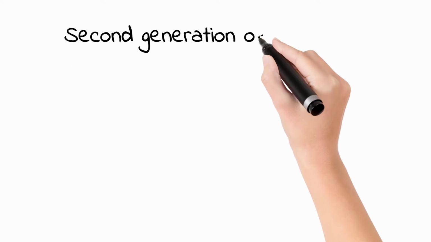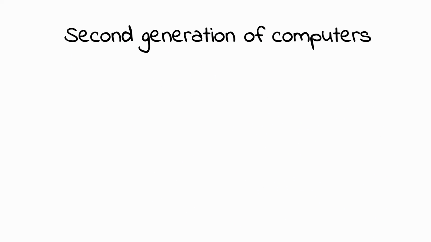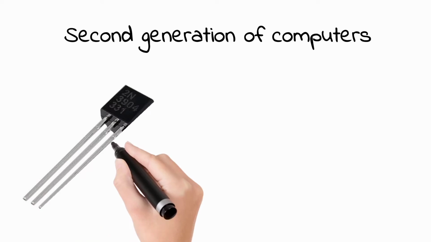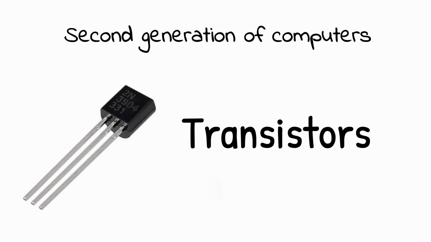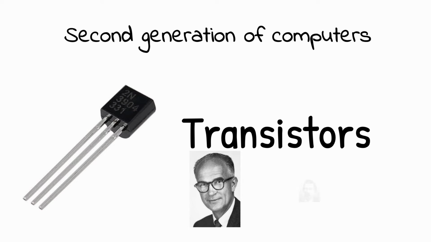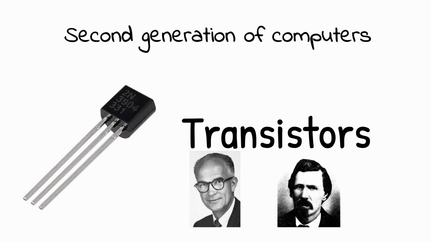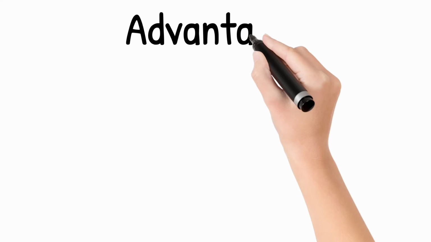Now, let's talk about the second-generation computers. Second-generation computers used transistors. The transistor was invented by William Shockley, John Bardeen, and Walter Brattain. Now let's talk about the advantages of transistors.